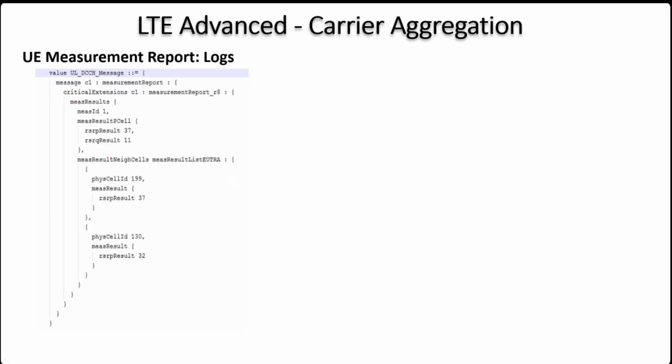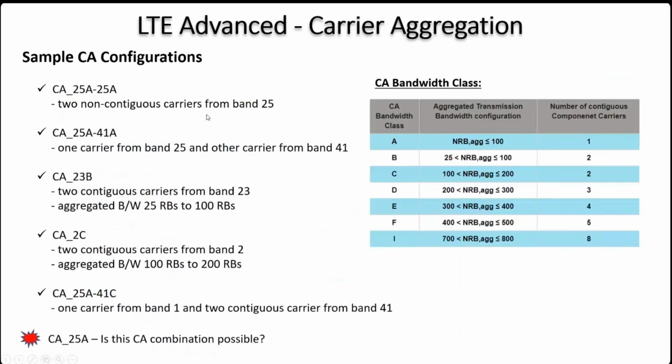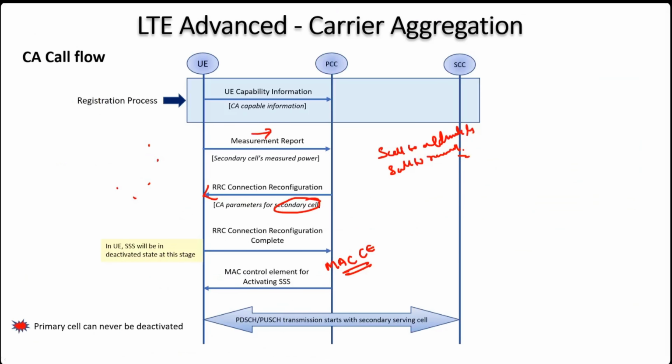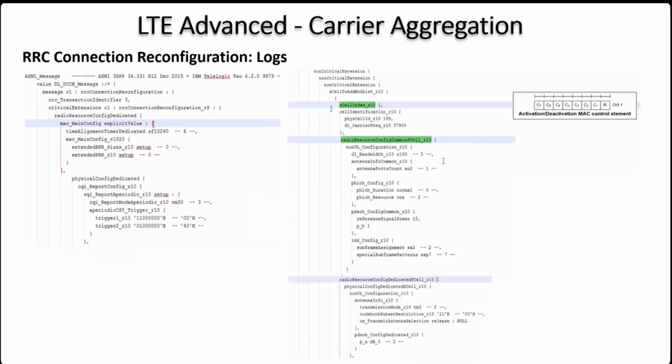What exactly is it going to send in the measurement report? Current RSRP, P-cell RSRP, and neighboring cell RSRP and all details, which we have seen in the call flow measurement report.